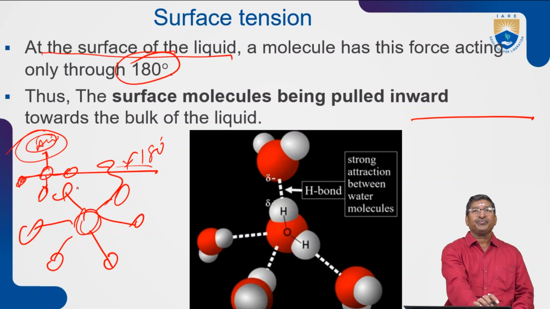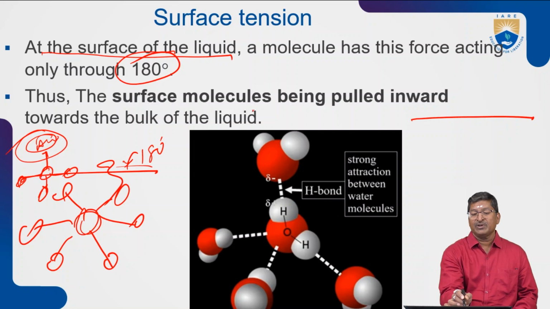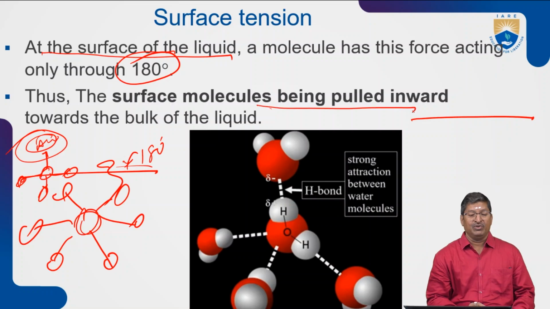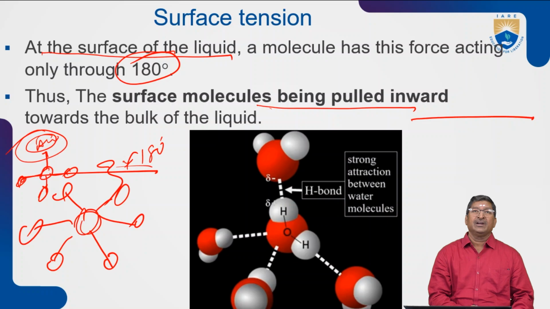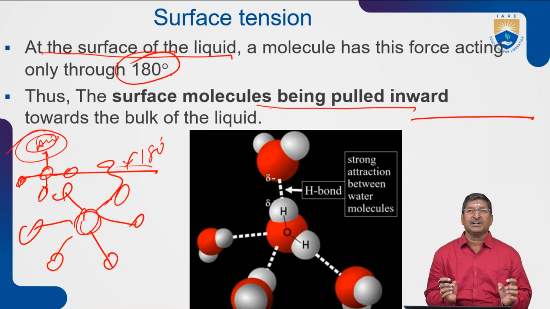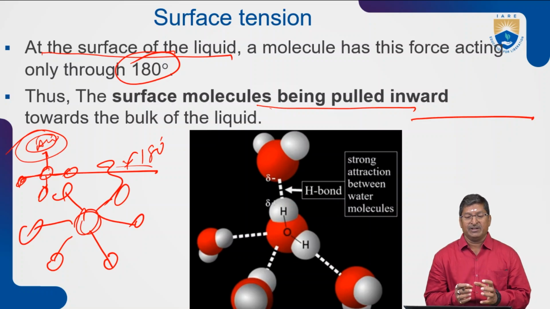Here the surface molecules are being pulled inwards towards the bulk of the liquid. One molecule is attracted by another molecule and also towards the inside, the bulk of the liquid.